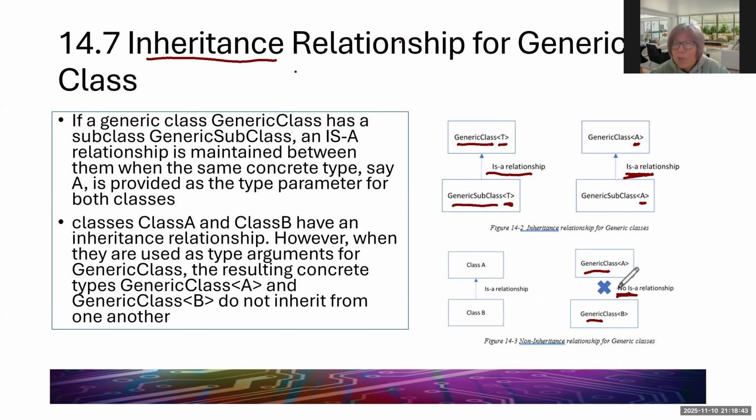The answer is no. Be careful: A and B having an is-a relationship doesn't mean that when you plug A and B into a generic class, they have the is-a relationship. Plugging in different concrete classes does not change the relationship between these two classes, because basically they are peer classes and don't have an inheritance relationship.